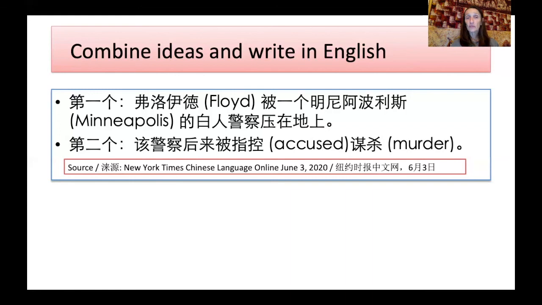And the exercise is to put these two ideas in English in one sentence using clauses. Okay. So maybe you pause the video. 可能你暂停视频一下 maybe. I don't know. But here is the sentence using a clause, putting two ideas together.